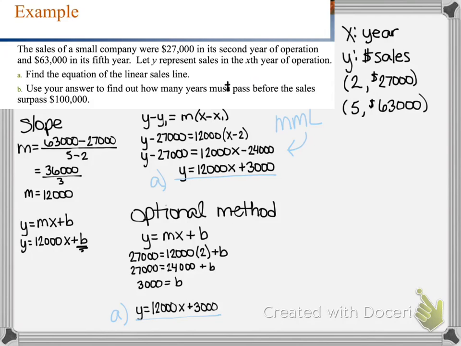So I'm going to take our solution. Y equals 12,000x plus 3,000. And we said we know Y, we're looking for X. So for Y, I'm going to put in the 100,000.